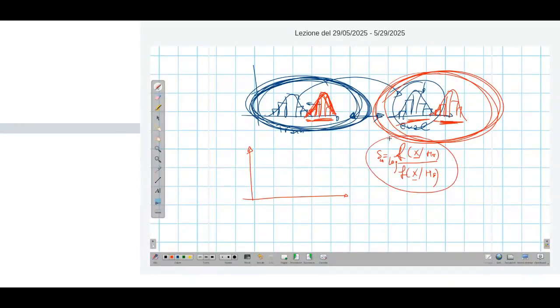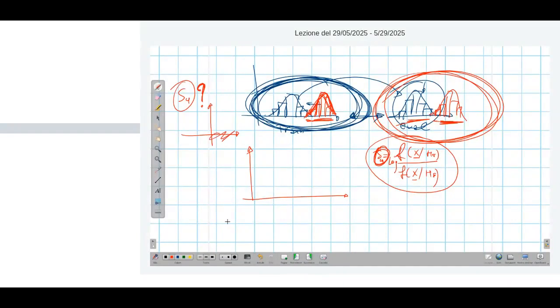Now, how can I transform this S into a well-calibrated value? Well, remember, when I have scores that are not well calibrated, it means that I have this S and I don't know whether this is representing a true class or a false class sample.